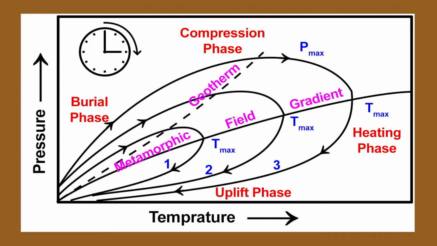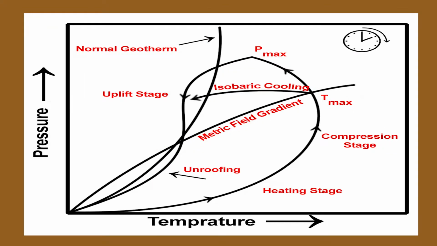That is, T max followed by P max. It is designated an anti-clockwise PT path, which is contrary to the path shown by rocks involved in plate tectonic processes. The shape of the PT path is shown in figure 3 on the screen.